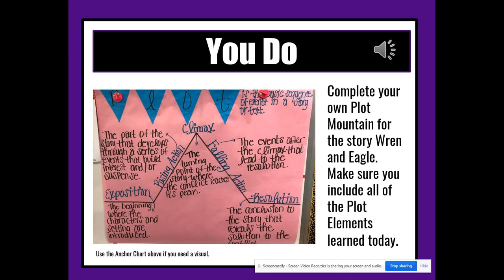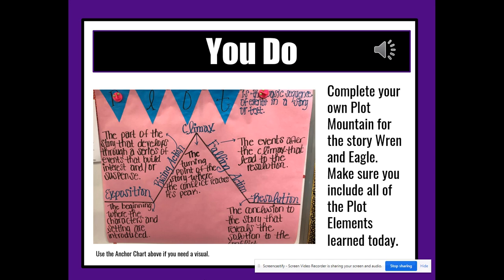Now let's have some fun and be creative. I know many of you love to draw, color, and create. I want you to create your own plot mountain for the story Wren and Eagle. You can use Google Slides, PowerPoint, Prezi, or paper and pencil.